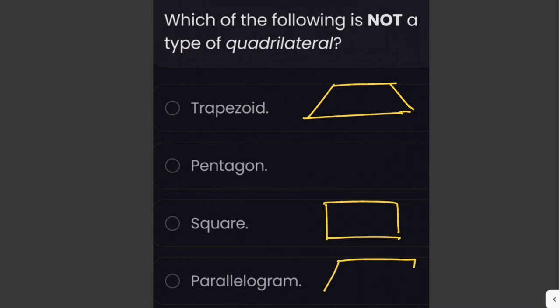Parallelogram has 4 sides. When we say pentagon, from its prefix penta, that means it has 5 sides, so it should look like this. Therefore the answer here is pentagon, because pentagon doesn't have 4 sides and it doesn't qualify as a quadrilateral.